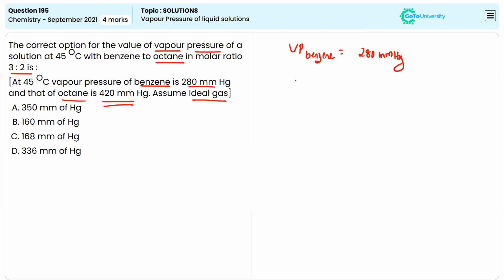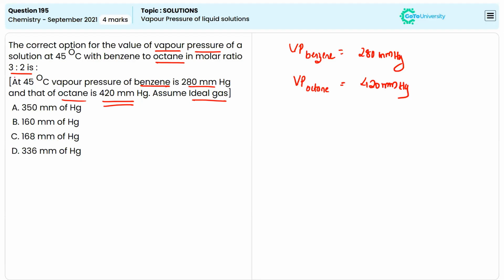Now coming to the next one, vapor pressure of octane, that is equal to 420 mm of mercury. Now, here the molar ratio. Molar ratio means it is the ratio between the number of moles, right?